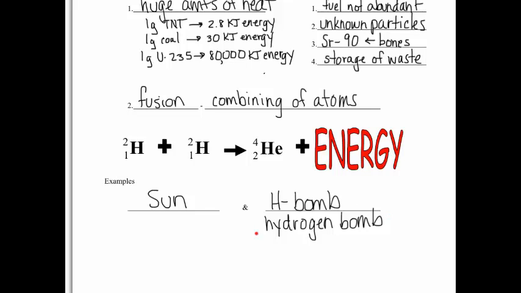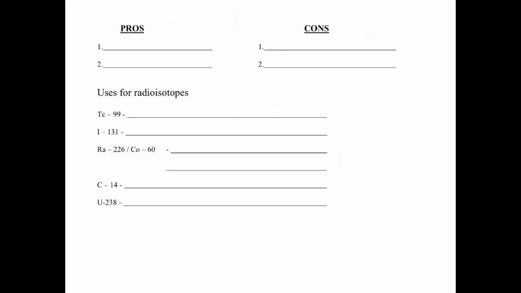But the problem is when we have done it on Earth, we've had to explode a nuclear bomb, which is not cool. Not cool at all. It's devastating. So let's talk about some pros and cons for fusion.